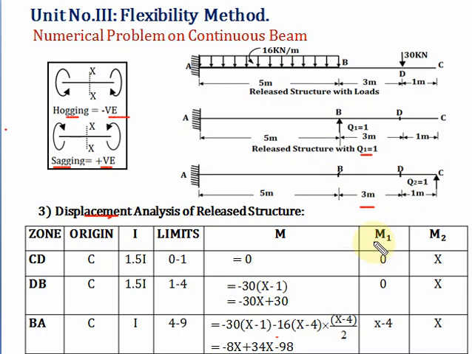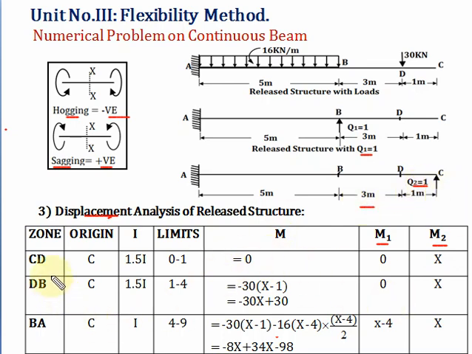M1 is the bending moment due to Q1 equal to 1, and M2 is the bending moment due to Q2 equal to 1.